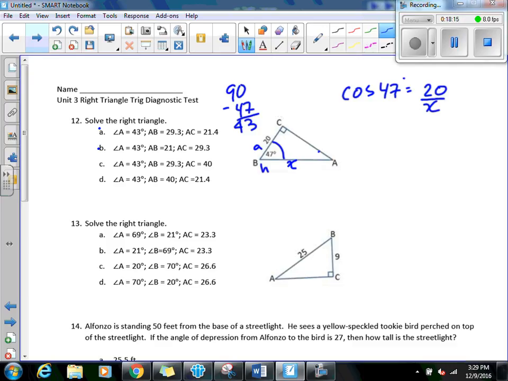Anyway, x is on the bottom, so I'm going to switch and divide. So 20 divided by the cosine of 47 degrees is 29.3. So that's the length of AB.